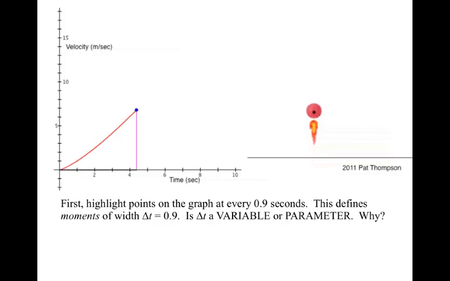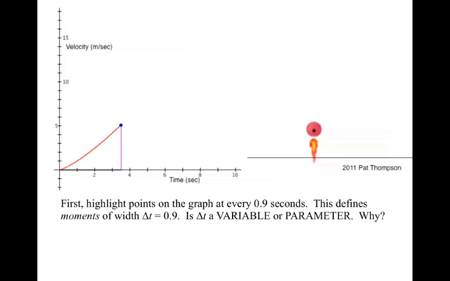We got one saying parameter. Agree? Right, because we're going to set it at 0.9, and it's not going to change for the given situation. So our delta t of 0.9 is a parameter.